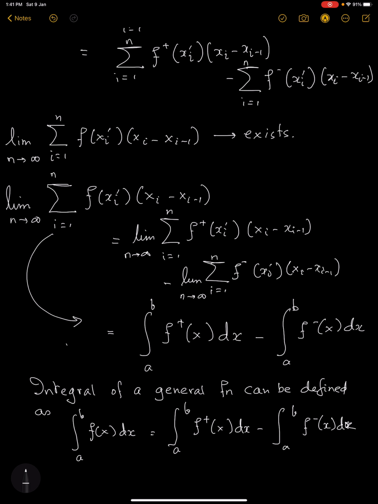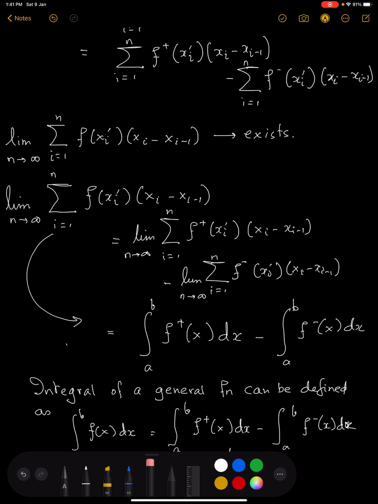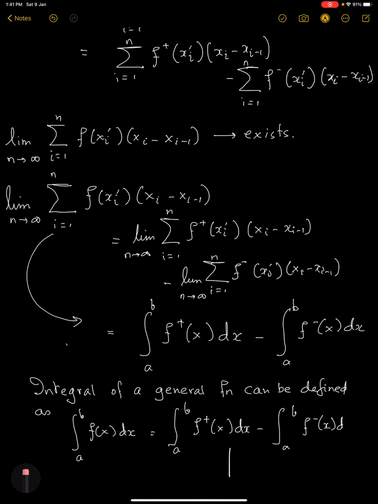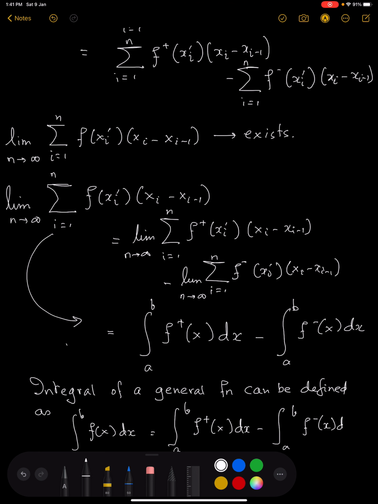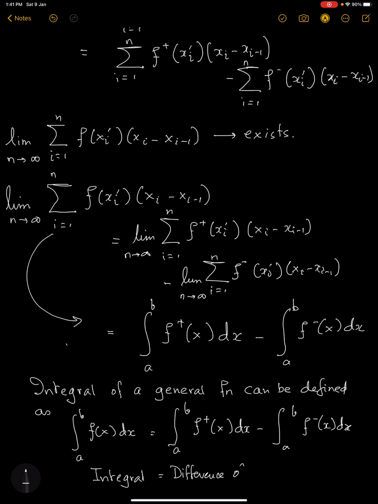So what we have done is show that the integral for a general function is the difference of two areas.